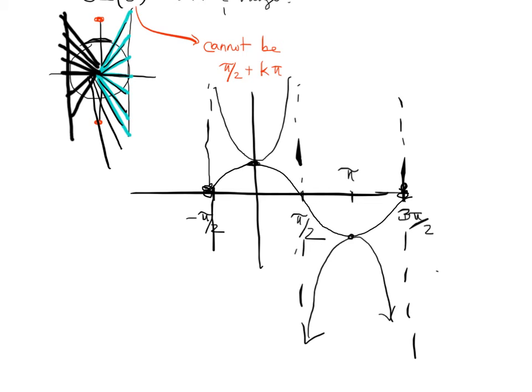Secant built the thing from the ground up, and cosine comes in there and is like, I'm part of the formula for secant, and I'm part of the formula for tangent. And so, also, looking at all these lines and reading off their slopes, you can graph tangent.